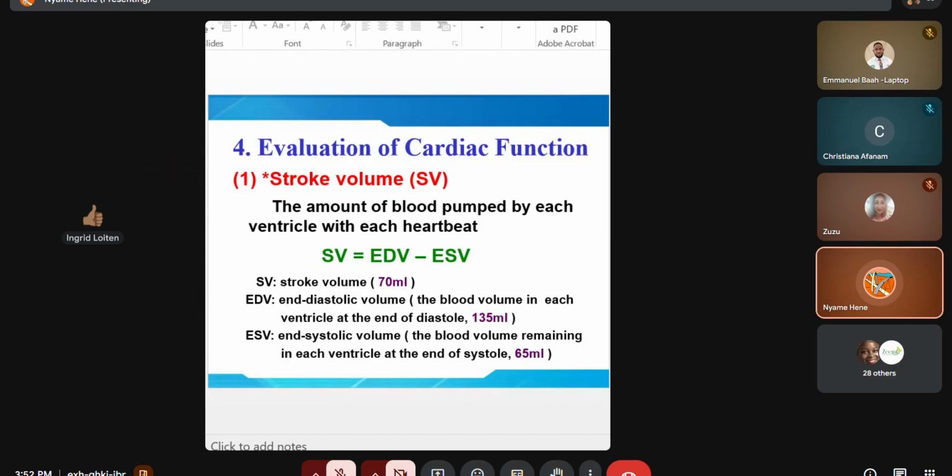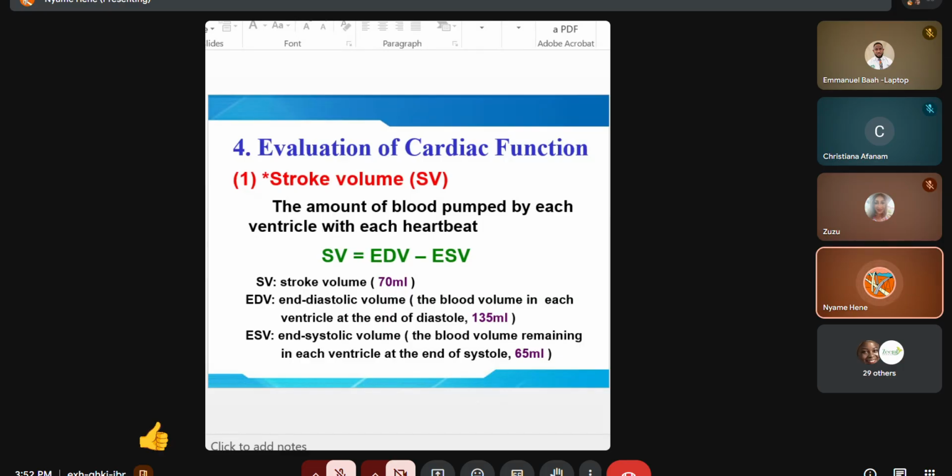Let's say about 1/3 of it got displaced. Then it was left with some inside. So how do you know the one that was displaced? You will have to subtract the leftover from the whole thing. So if you subtract the leftover from the whole thing, you know the one that fell off. The one that fell off is the stroke volume.